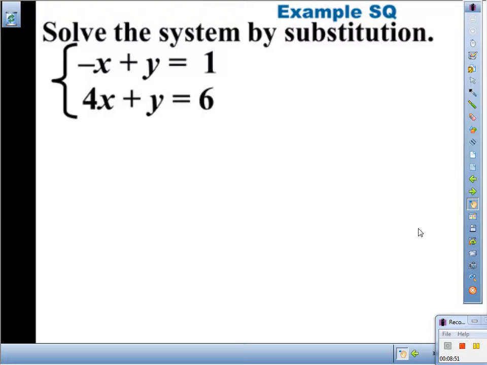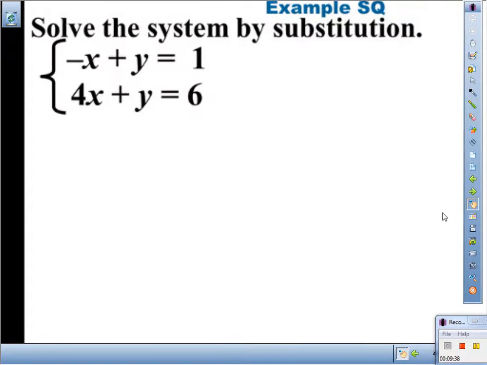One of the equations has to be solved for one variable. Does it matter which equation? No. Does it matter which variable? No.